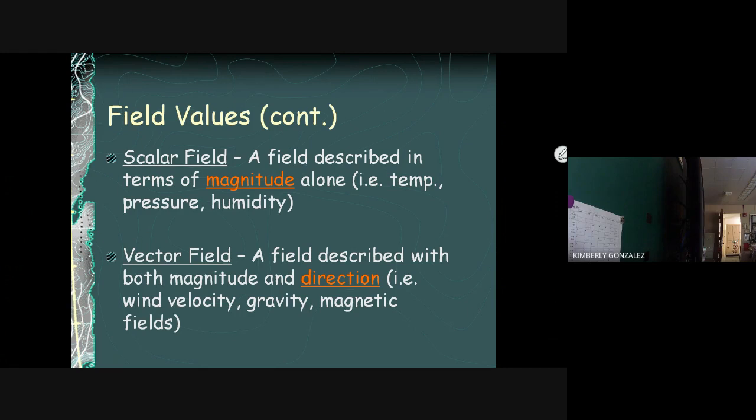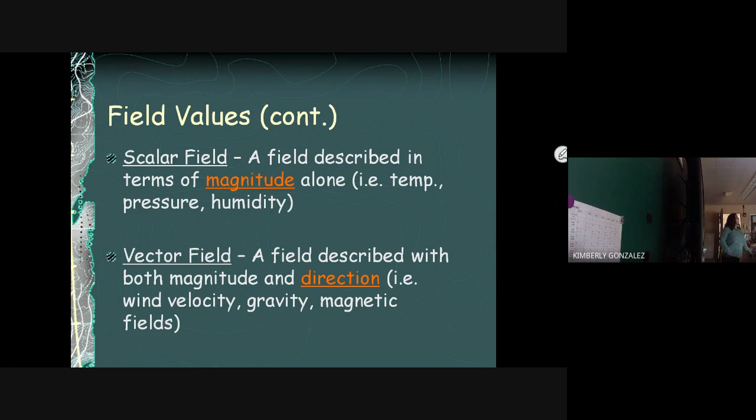But if I say 7 miles per hour, that gives me the speed. That tells me how fast it's moving. The wind is moving at 7 miles per hour, and therefore that's the scalar, versus the vector when I said in a northeasterly direction. All right, so scalar is just the number. Vector is the number and the direction. Got it?